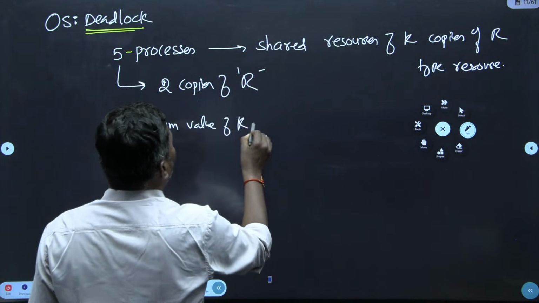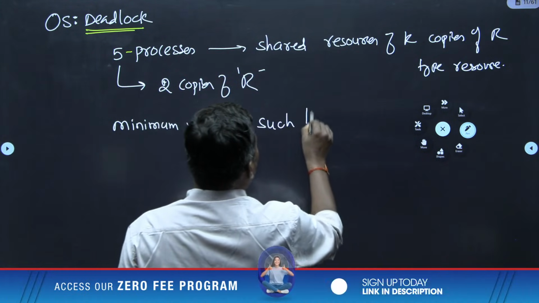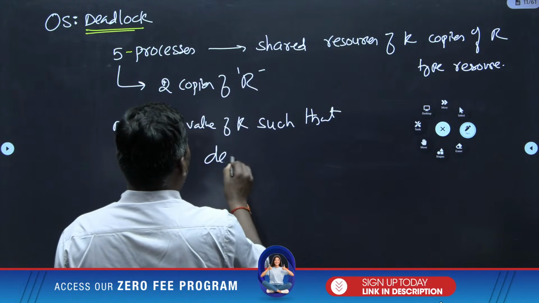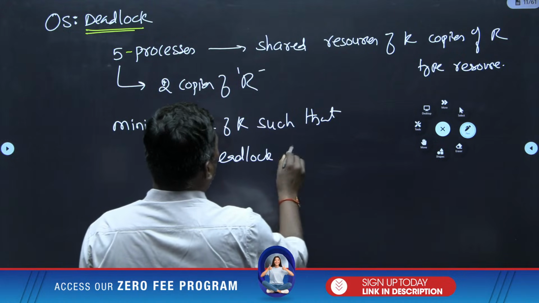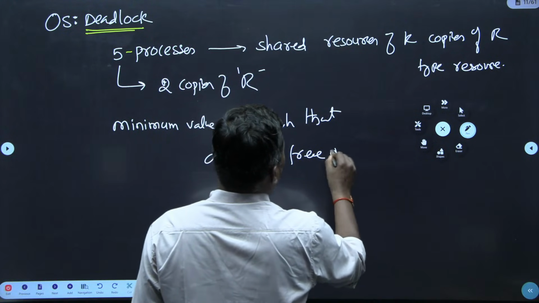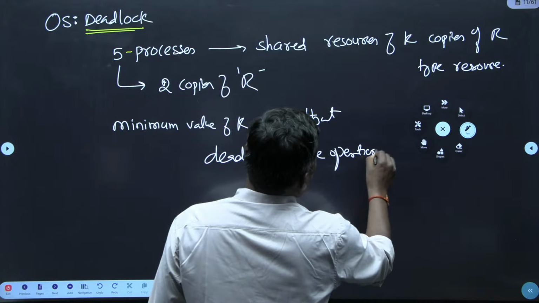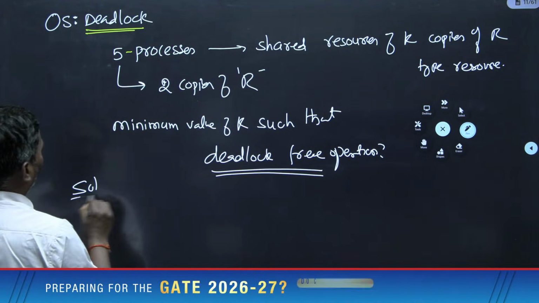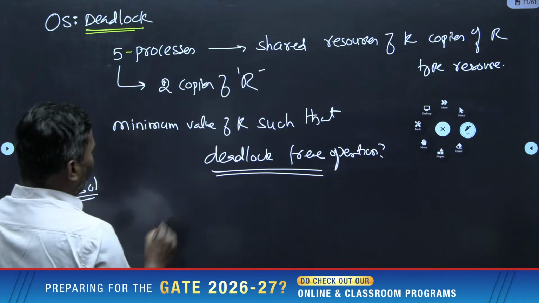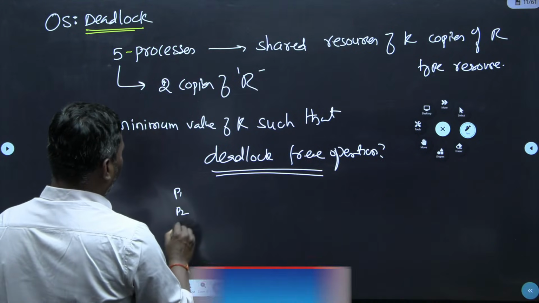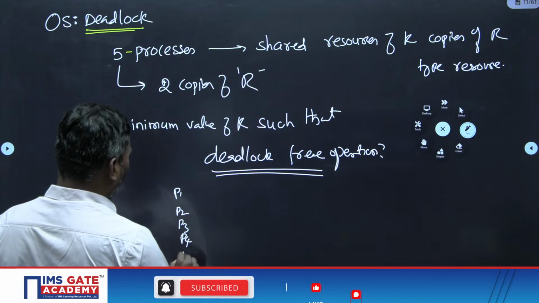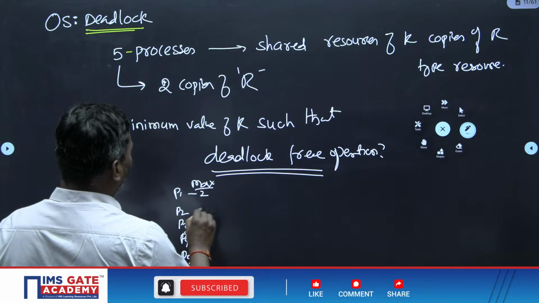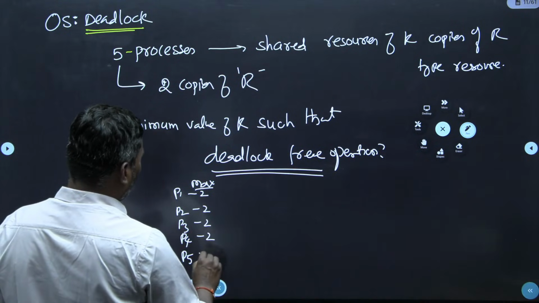such that the operation is deadlock free? They are asking for deadlock free only, a very standard thing. How to solve this? There are 5 processes P1, P2, P3, P4, P5, and their maximum demand is 2 copies each.